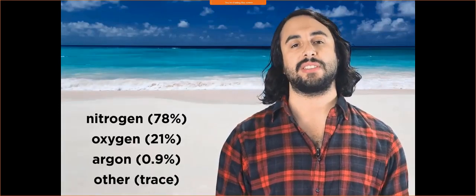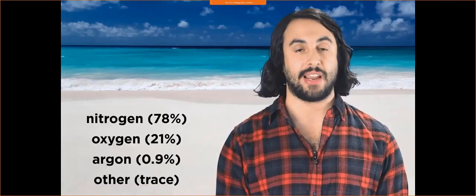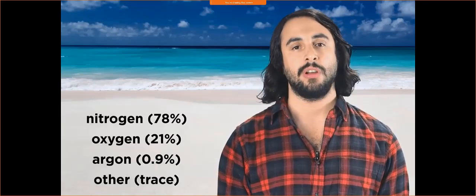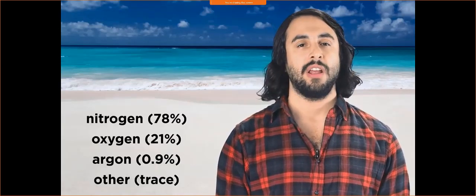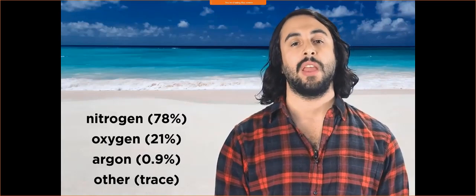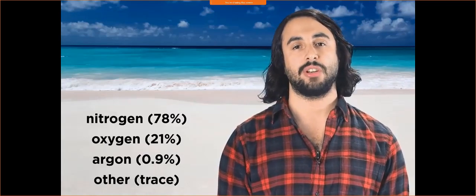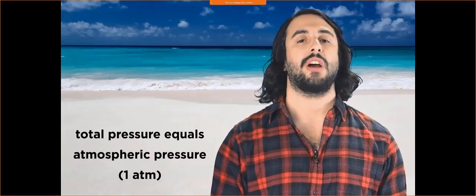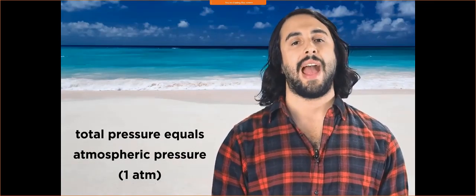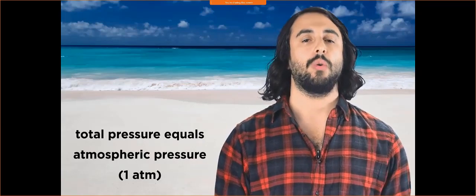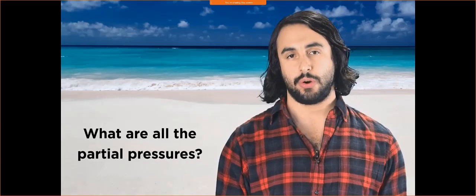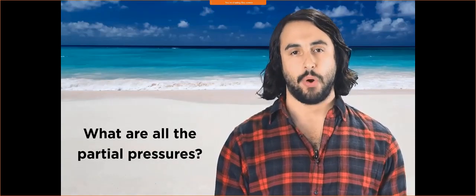We know that there will be several different gases in the sample, as the atmosphere is comprised of nitrogen, oxygen, and argon in roughly these quantities, plus trace amounts of a bunch of other things. And the sample as a whole exerts a pressure equal to atmospheric pressure, or 1 atmosphere. But what contribution to this total is provided by each component of the gas?